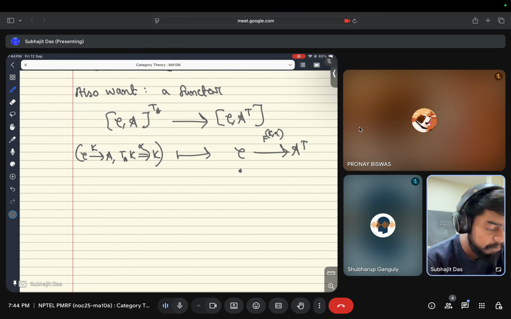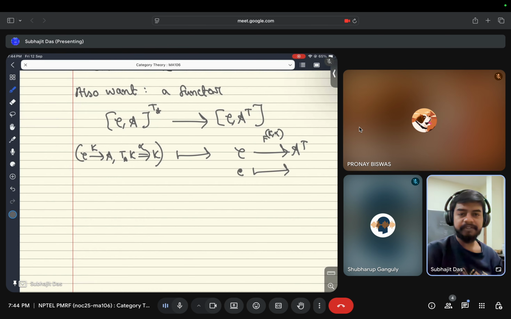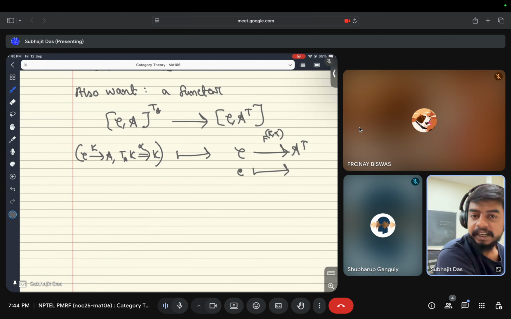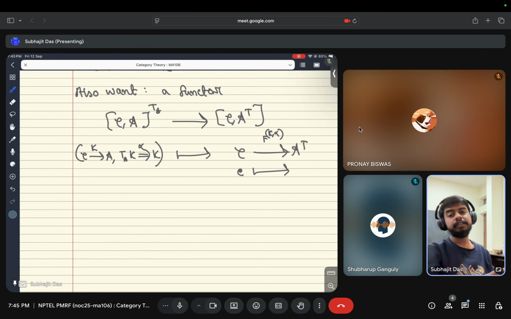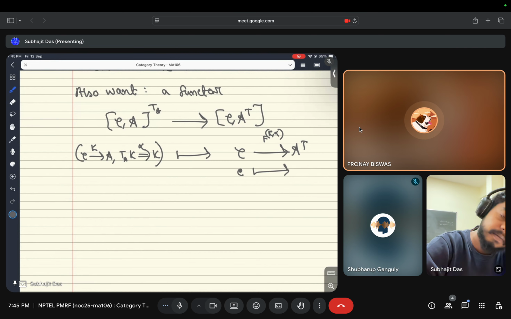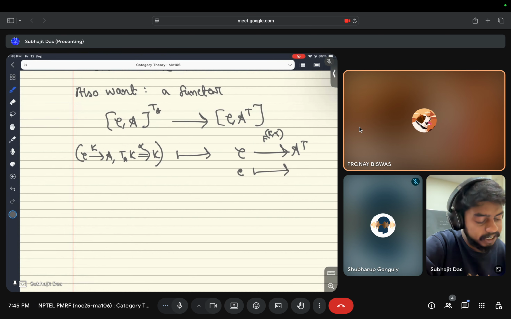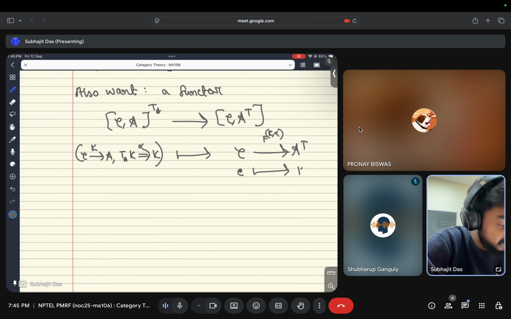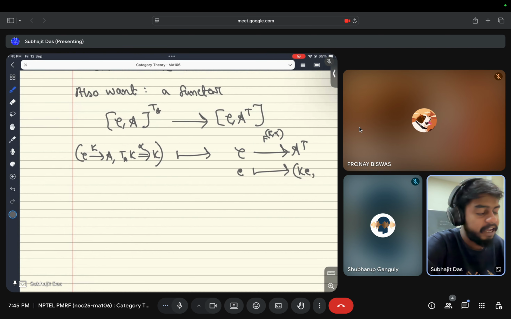This should send any object C to some object of A power T. What object should we take? Take KC, which is an object in A, and we should have a map from TKC to KC.